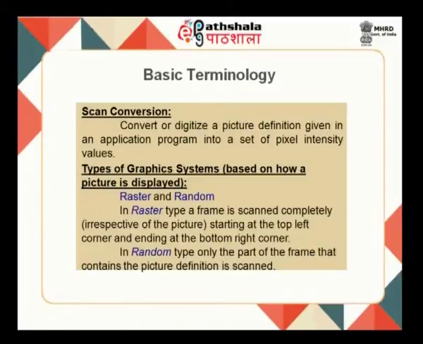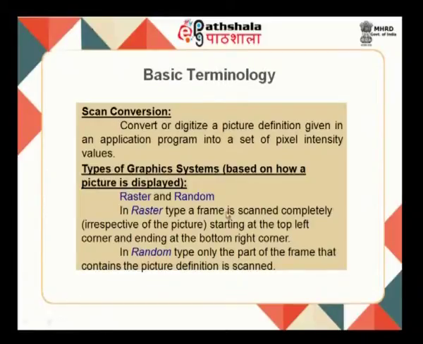Let us understand the types of graphics systems based on how a picture is displayed. There are two ways in which a picture can be displayed on a display device. One is the raster type and the other one is the random type.